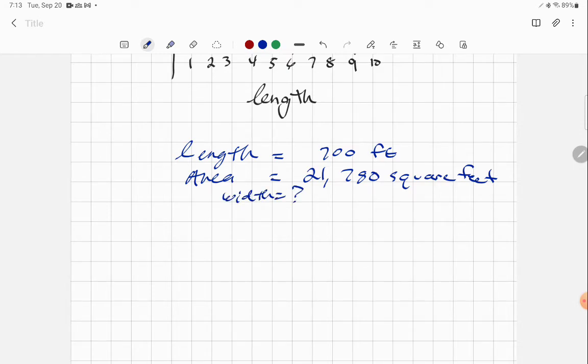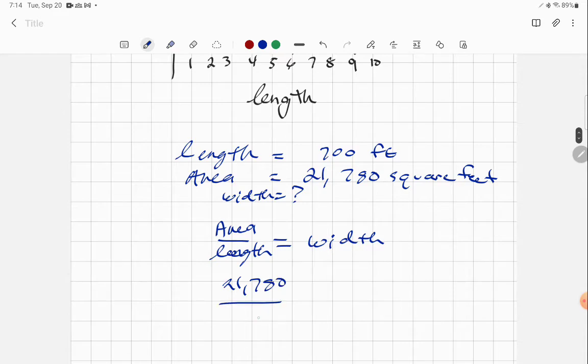Well, we know that area divided by length is going to give us our width. So we're going to take the 21,780, divide that by our 700, and then that gives us our width of that particular plot.